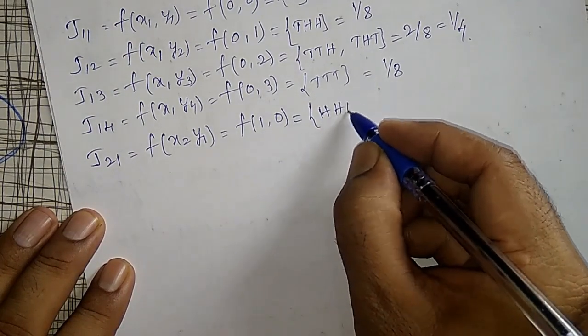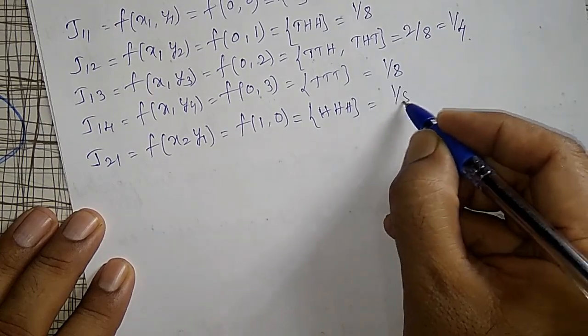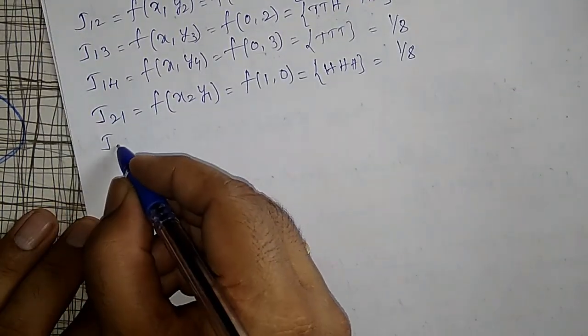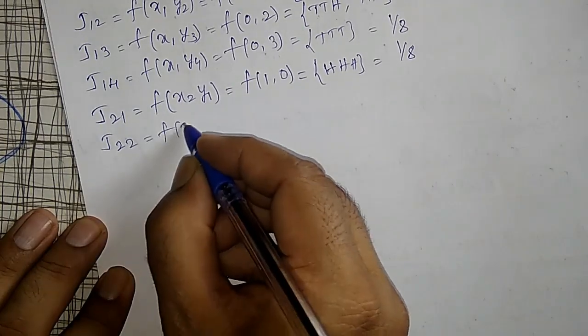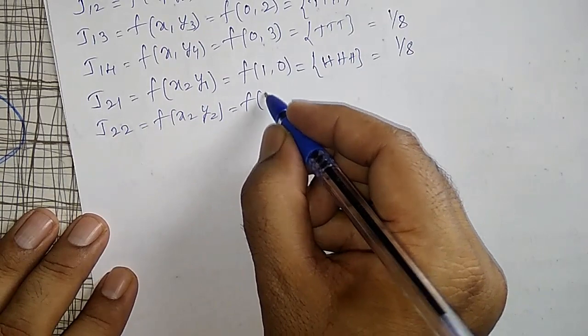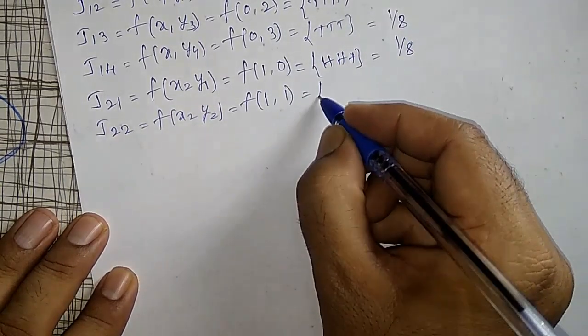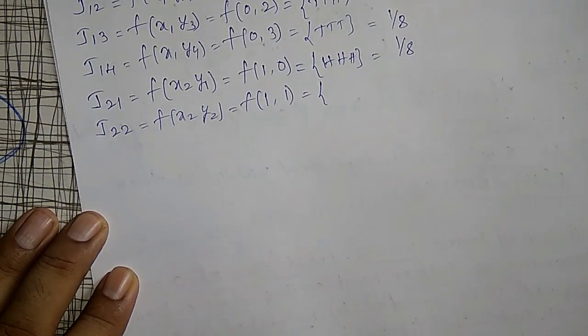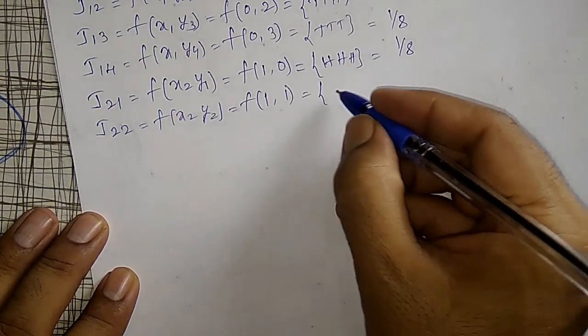The only possible outcome is head head head. Its probability is 1 by 8. Like that, probability of 2 2, f of x2 y2, f of 1 1, containing the first head and only one tail.